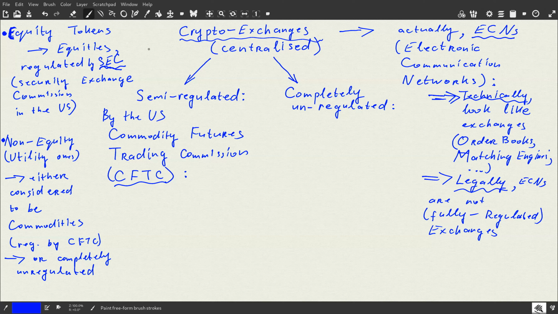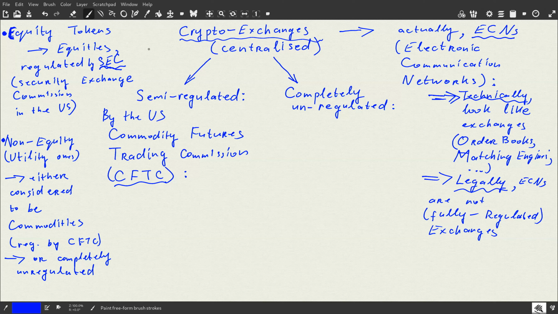But for example, for BTC or Ethereum, it is quite clear that they are not equities because there is no single enterprise which stands behind them, and therefore distribution of those tokens cannot, in general, give you ownership in any kind of enterprise, and therefore it is clearly not equities.